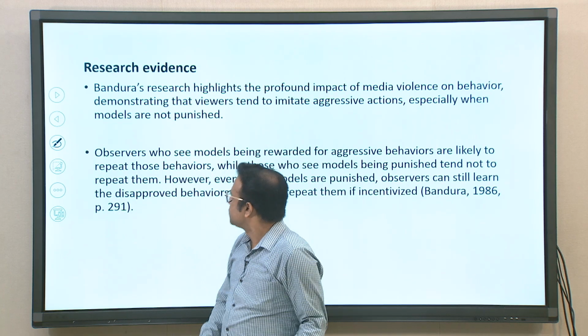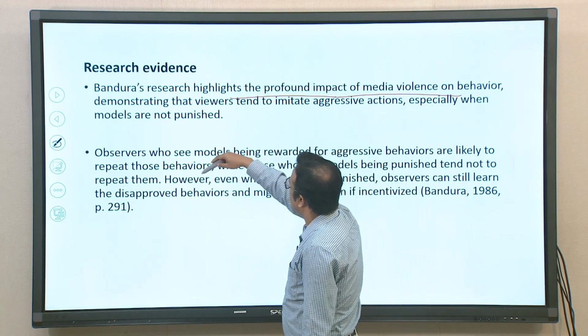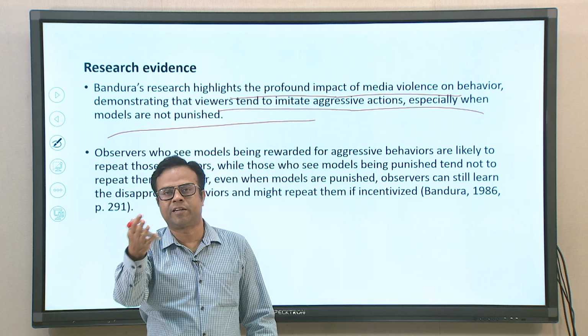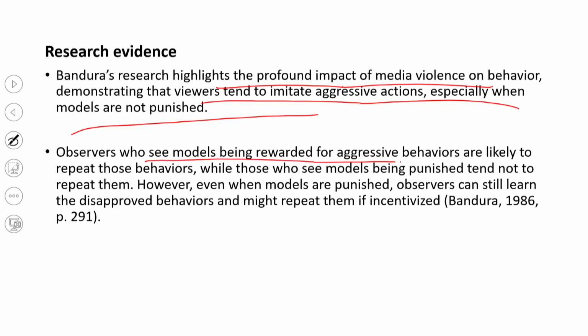Some other research evidence: Bandura's research highlights the profound impact of media violence on behavior, demonstrating that viewers tend to imitate aggressive actions, especially when models are not punished. Media violence will have a much stronger influence, especially when the children see that they are not punished for the aggression. Observers who see models being rewarded for aggressive behavior are likely to repeat those behaviors more.